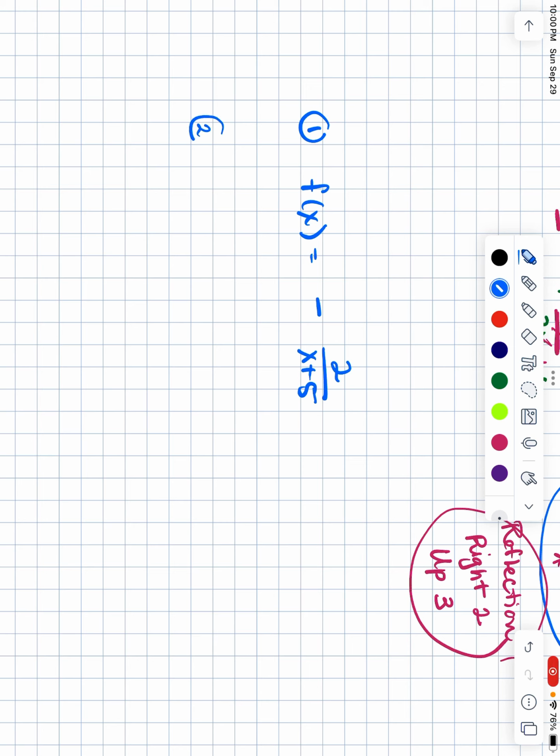Number 2, let's do f of x equals 3x minus 2 over x minus 1. And then finally, I want you to try this one. f of x equals 5 minus 2x over x plus 4.